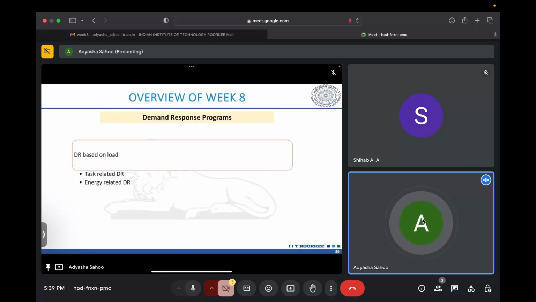Demand response activities can again be divided into task related or energy related. In task related, you want the frequency or the voltage to improve, and in energy related, you try to shift the loads from high energy time to low energy time.